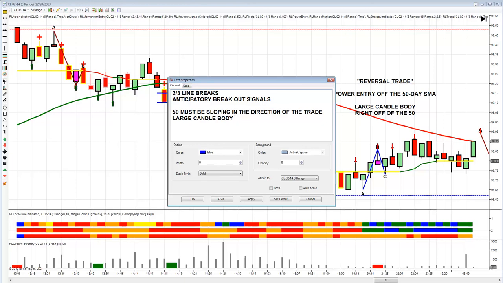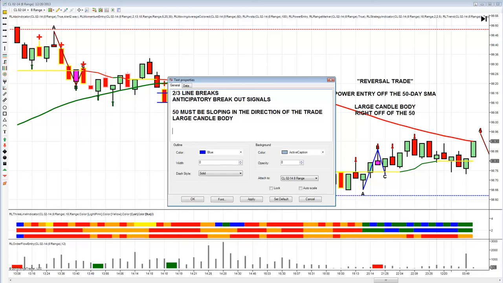So we want that short breakout with a 3-line rim of yellow showing that you have order flow, stochastic, and momentum to the downside coming off of a 50 that's downsloping. You want that candle body to be right off the 50, and you want it to be 6, 7, 8 ticks in size. And it's exactly the same thing on a break of the 15.